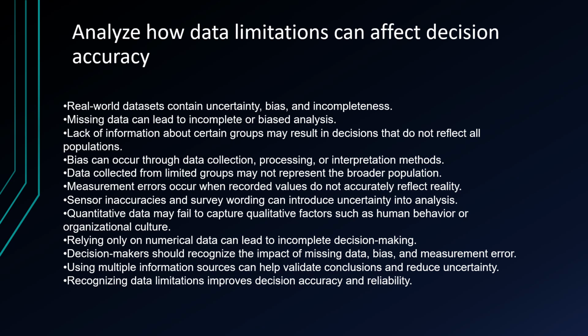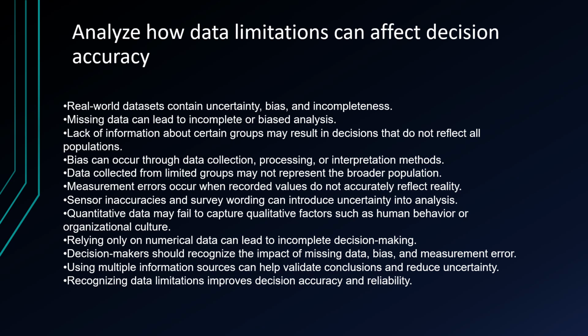This issue is particularly important in areas such as hiring, lending, healthcare, public policy, and criminal justice, where analytical systems can influence significant human outcomes. When important populations are missing from the data, analytical conclusions may unintentionally reinforce inequality or bias.